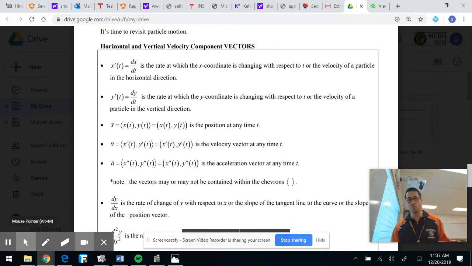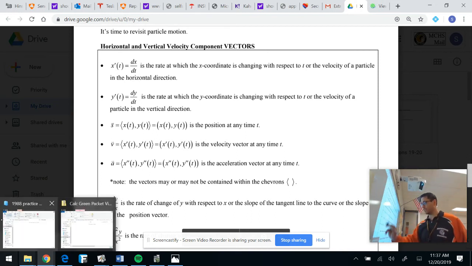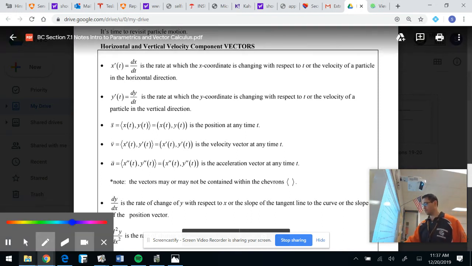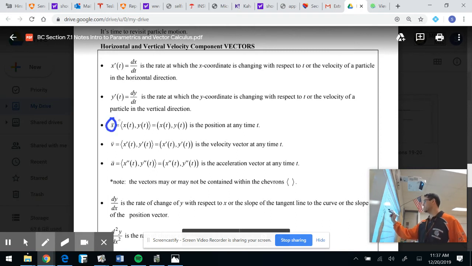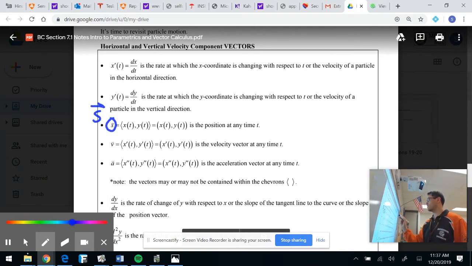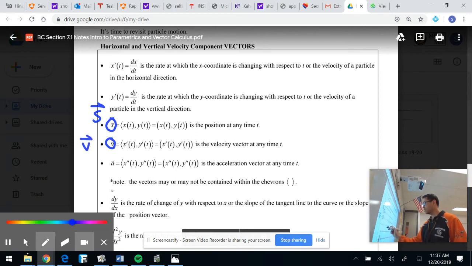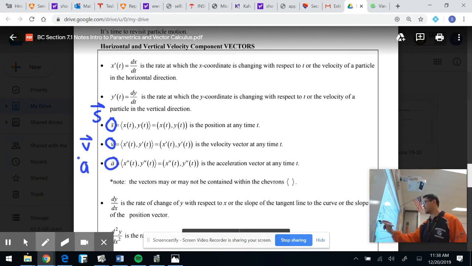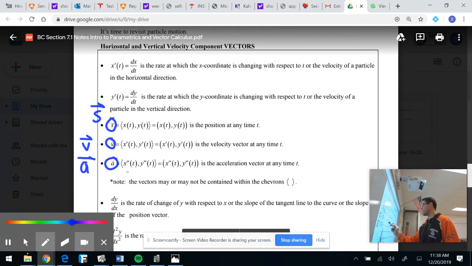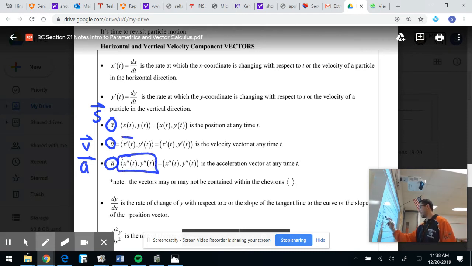What I want you to do is really read over these notes on horizontal and vertical velocity component vectors. It's stuff we've done all year. It's just that when we talk about position, that's a little S with a fancy bar, it just means it's a vector. Velocity with a fancy bar, and A with a fancy bar, we always write those as vectors.